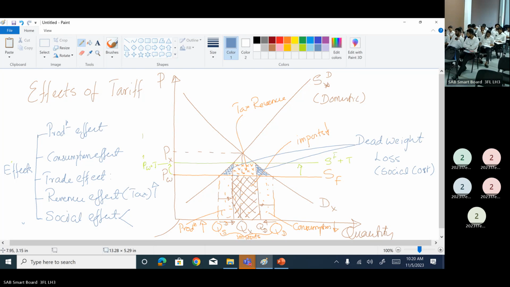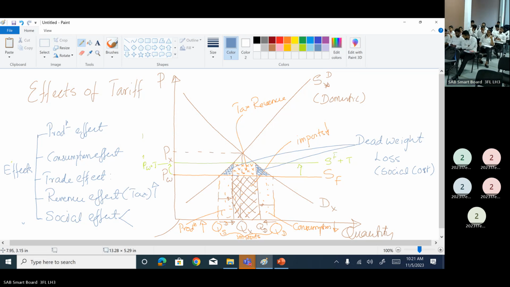So we can identify two effects. Those areas of social cost are called deadweight loss. That's a loss. Someone has to bear those costs, whether the government, the producer or the consumer. So that is the social cost.